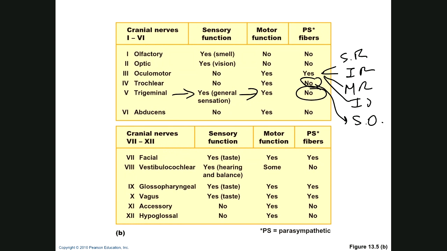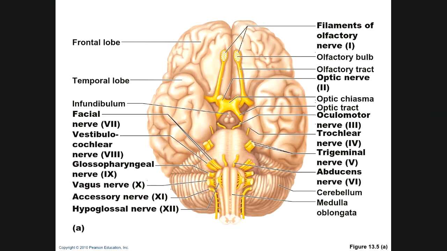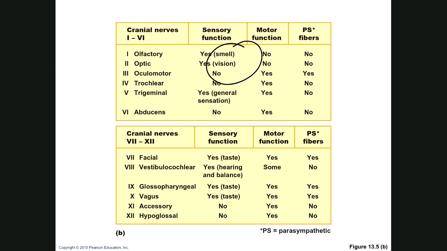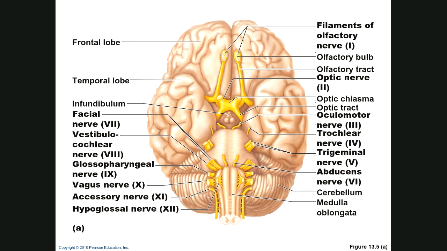The abducens takes care of the lateral rectus muscle. Its function is motor, it does not have a sensory function. All it does is innervate the lateral rectus muscle. Its location: okay, so olfactory, optic, oculomotor, trochlear, trigeminal, right here is the abducens, cranial nerve number 6, located at the medial and inferior aspect of the pons, right there.